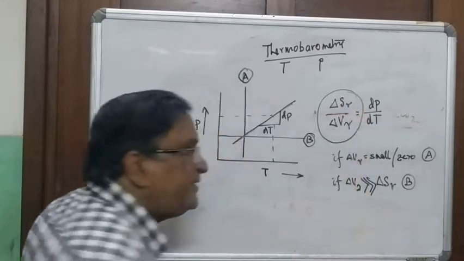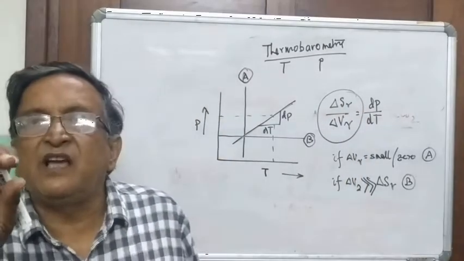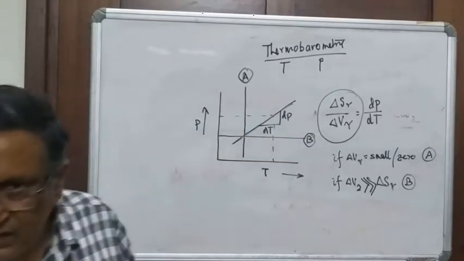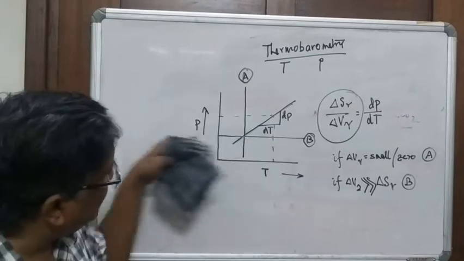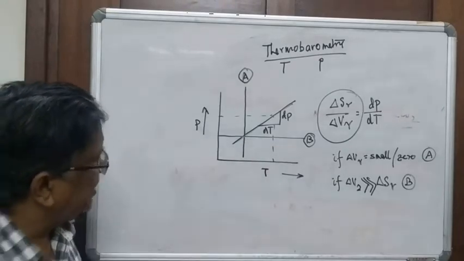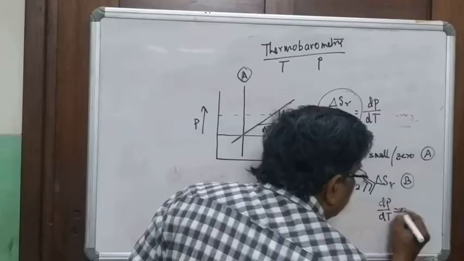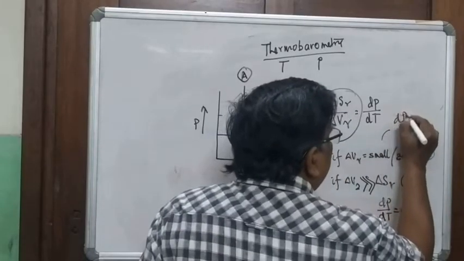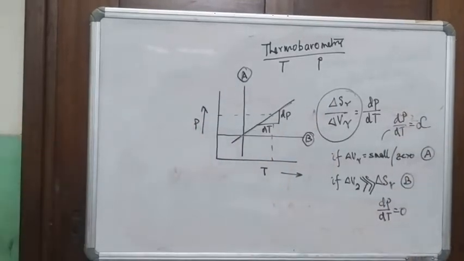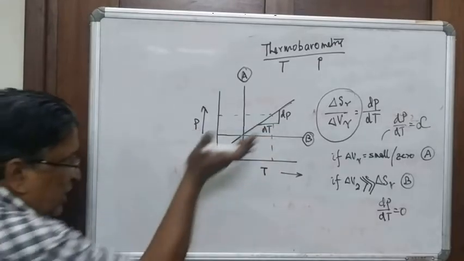Because if delta V_R is very big and delta S_R is small, then the resultant reaction would be parallel to the temperature axis, where dP by dT is equal to 0.